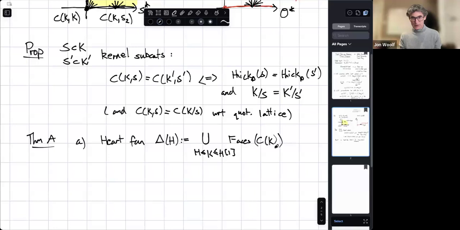So this is some potentially very large set of cones inside R star. And the point is, this is a fan. So it's a set of cones closed under taking faces. Well, that's automatic because I've defined it that way. But the key point is that any two cones in here intersect in a common face. That's what it means to be a fan.